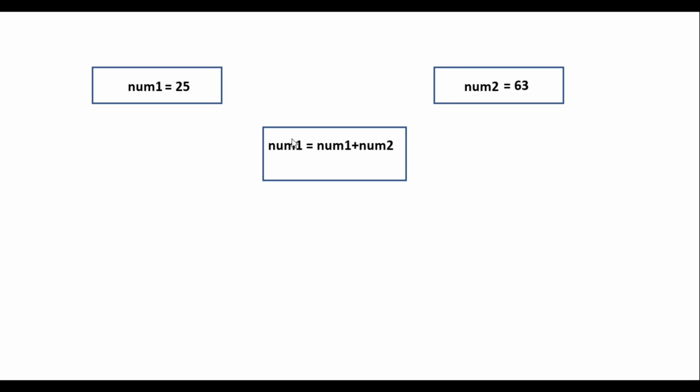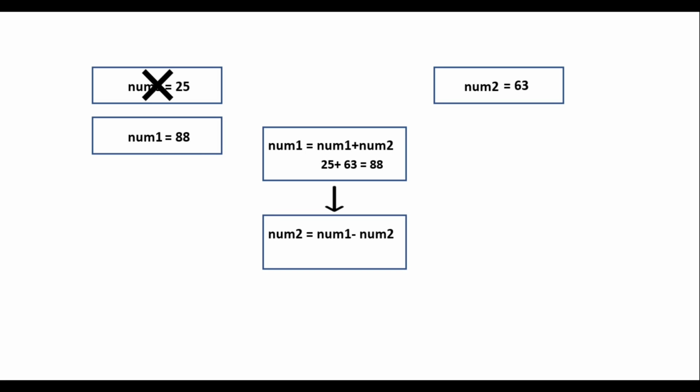This num1 is going to have a new value after the calculation of num1 plus num2, and we know num1 is initially 25 and num2 is 63. So after the calculation, num1 will have 88, that is, the initial value of 25 will be replaced by a new value of 88 in num1.